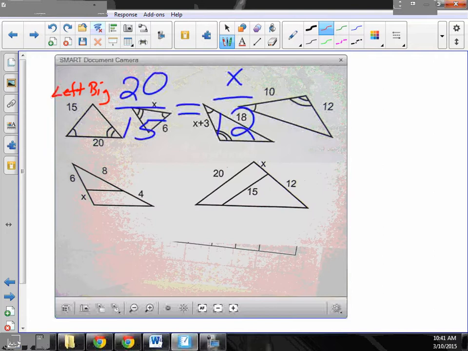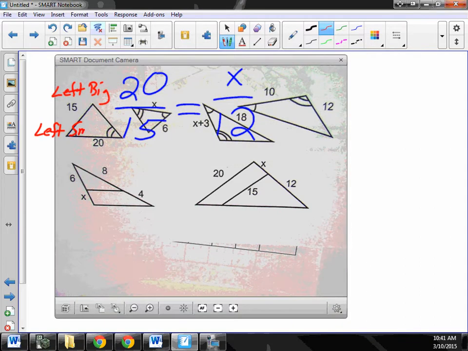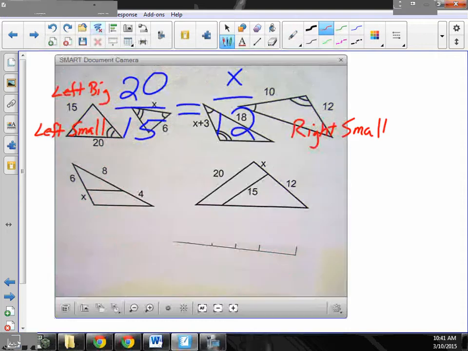Everybody see that? 20 is the left side of the big triangle. 15 is the left side of the small triangle. Right? How would you describe 12? Right side of the small triangle. And so this one would need to be the right side of the big triangle.